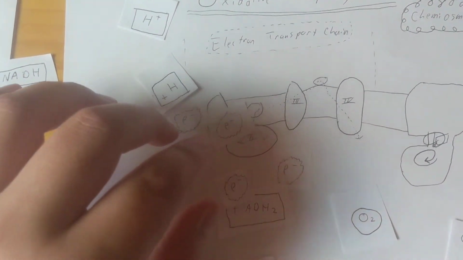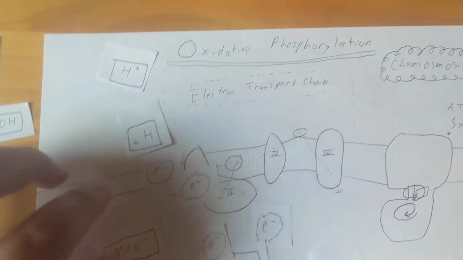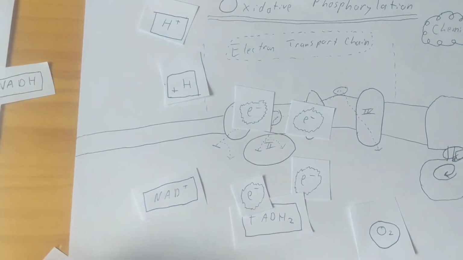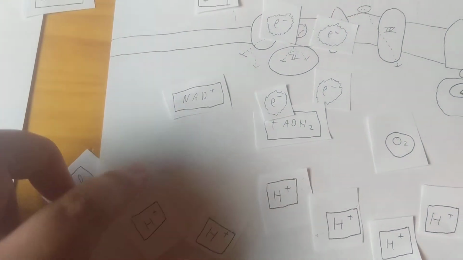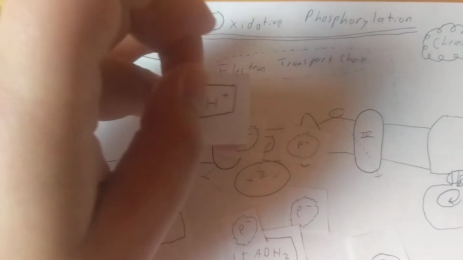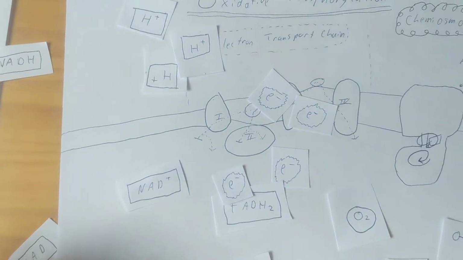Now, these two electrons move through the dotted lines here, and as they do so, they release a little bit of energy every time, and that energy allows for one of these hydrogen ions, or protons, to move through the protein there.